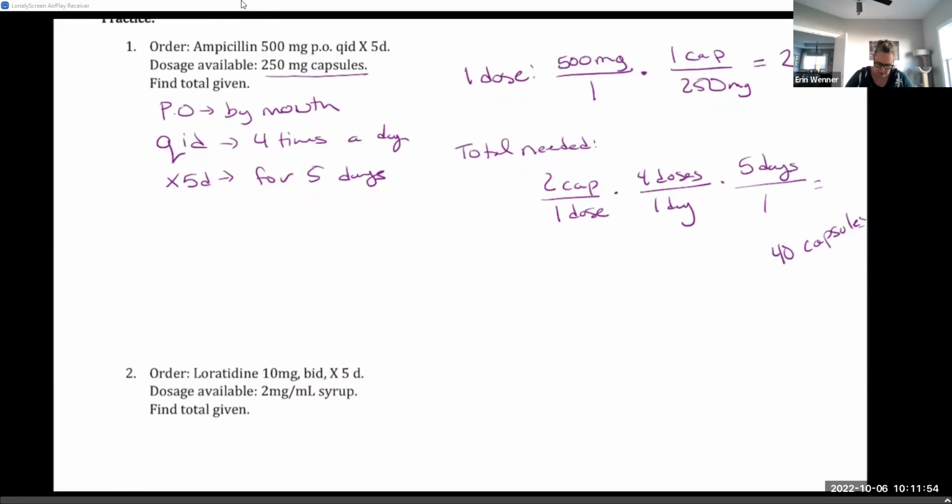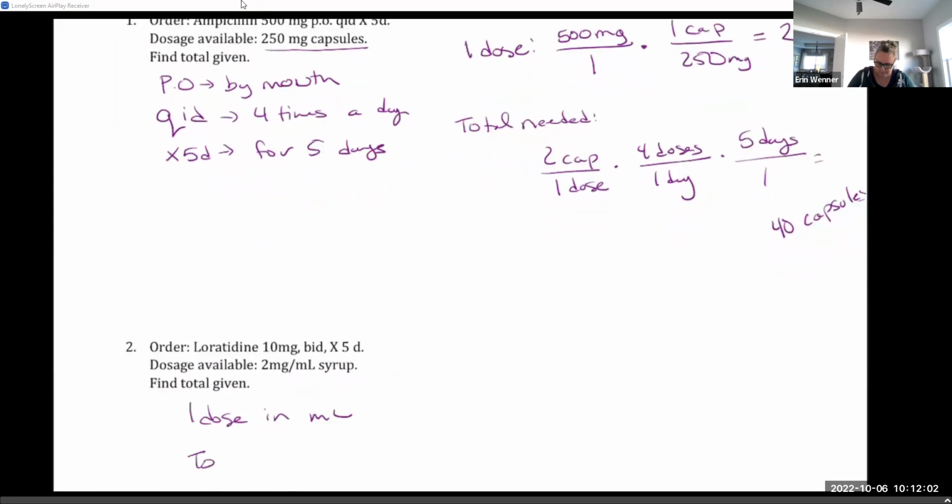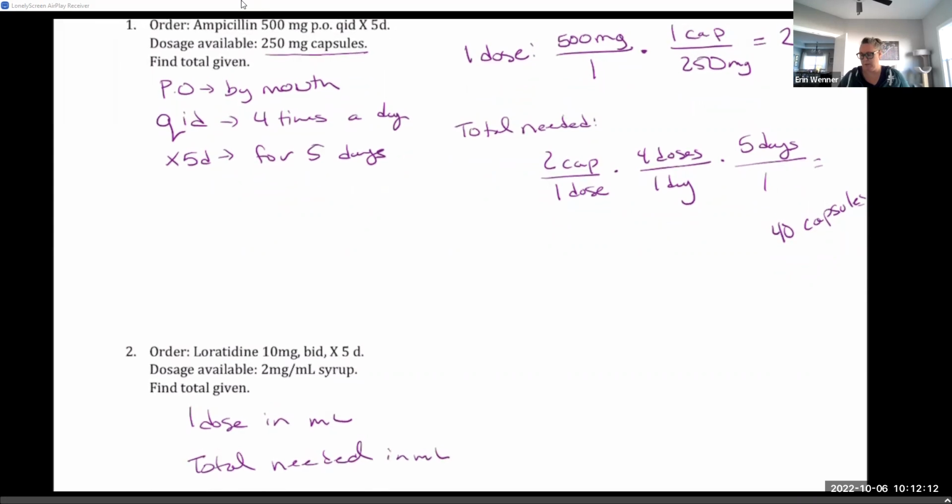So I want 2 things. How much is 1 dose in milliliters and total needed in milliliters? Go ahead and calculate that for number 2. If you have any questions, let me know. Send me your answers in a direct message for both of those, please.